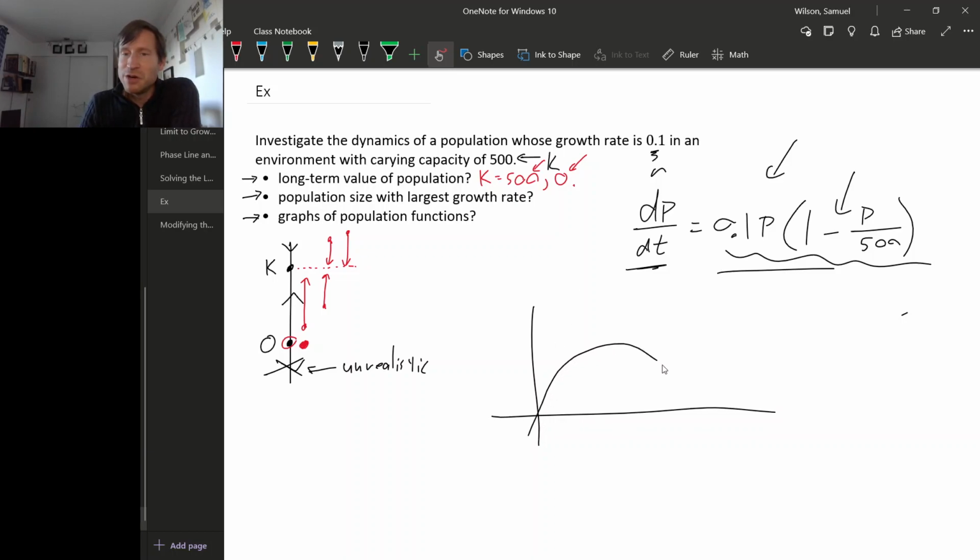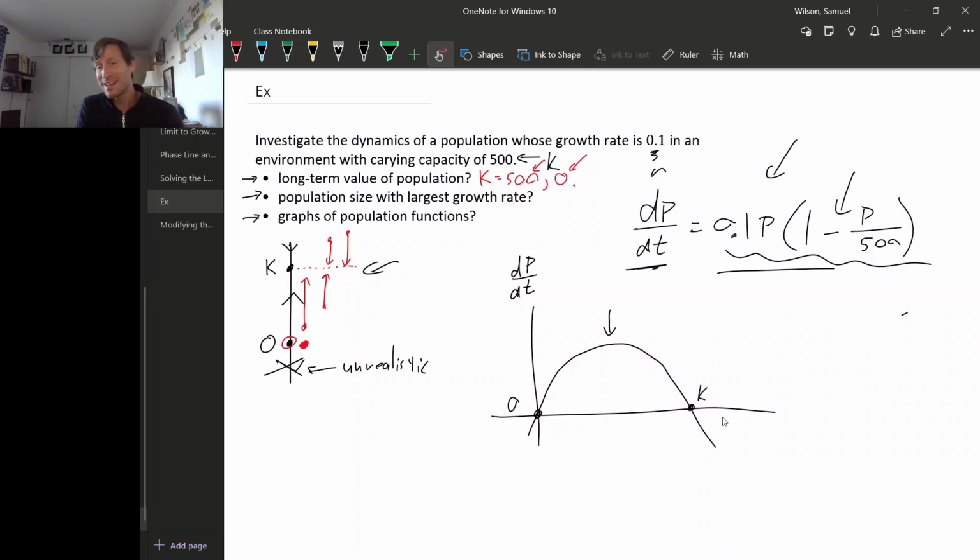And we know that the horizontal intercepts are at 0 and at K because that's where we have equilibria. So what we want to know is where is the largest growth rate? Remember, in this picture, the vertical axis is the growth rate. So we just want to know where this graph gets as high as it ever gets.